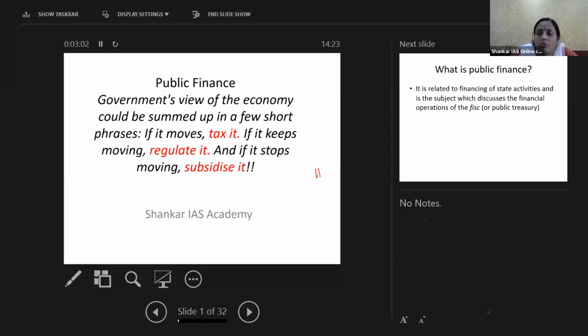In today's class, we are going to see one major thing. There are 2-3 parts we are going to study in public finance. One is the basics, which we start today, about the budget's structure. We're going to learn about the different accounts of the budget, and how the government earns and spends under the different headings. The second part is about policy, which we will call the fiscal policy.